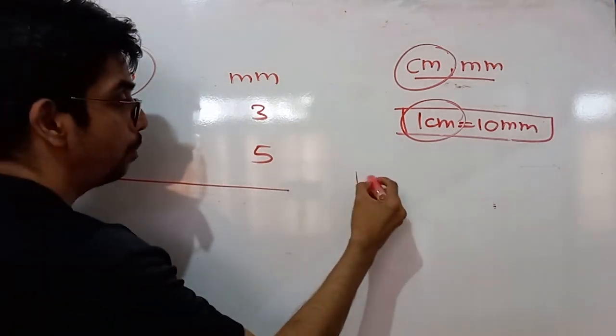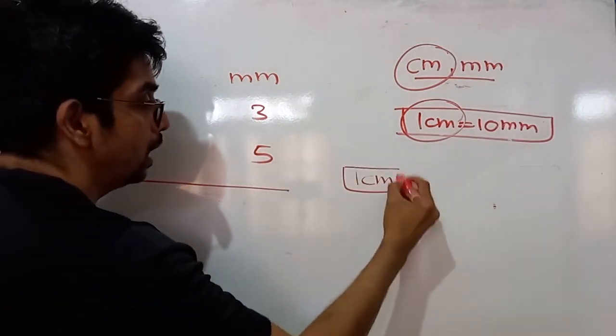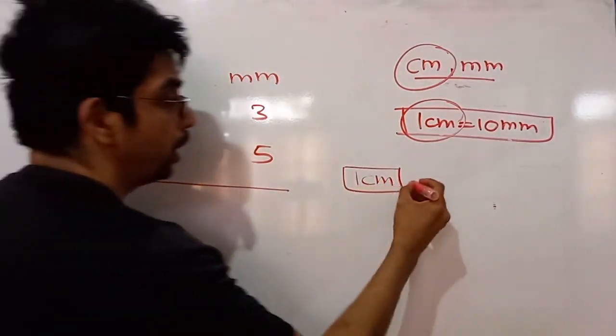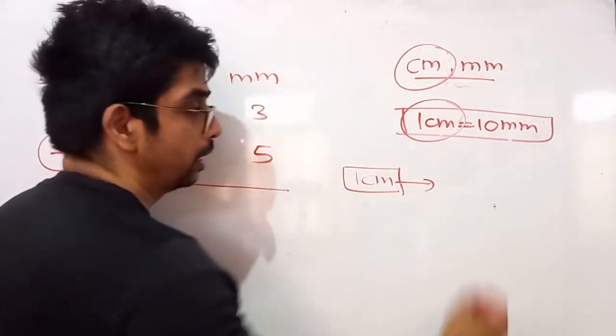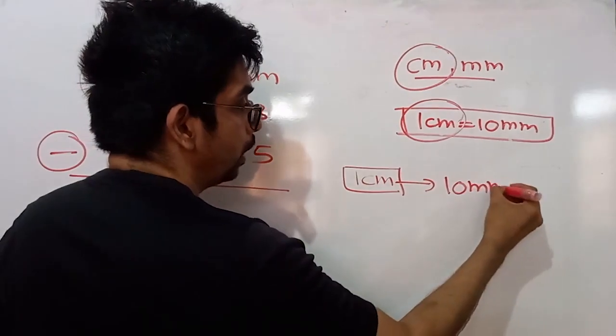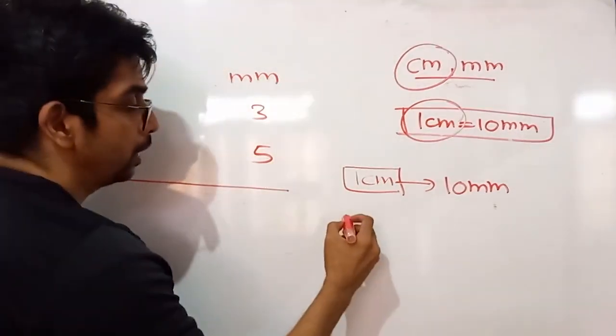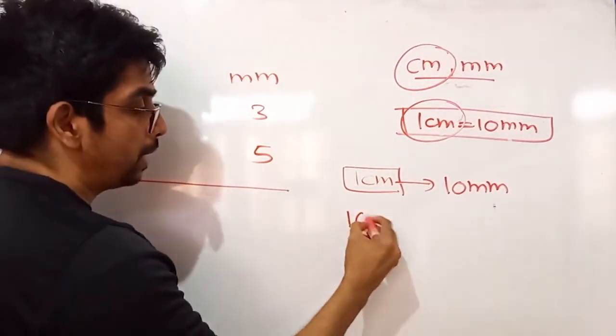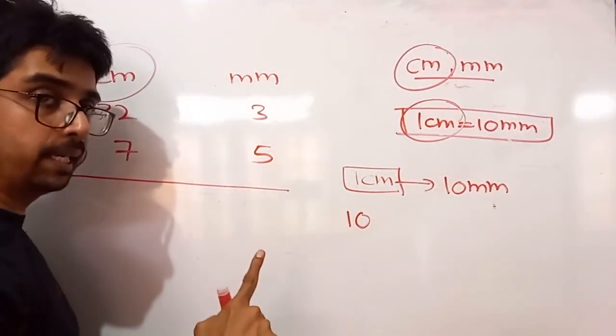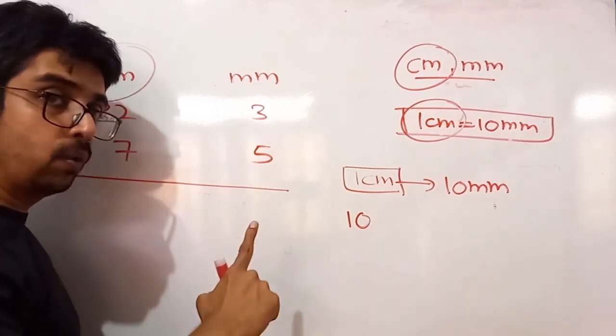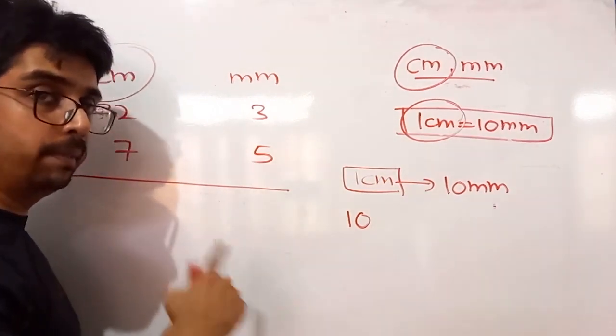So even though we have borrowed 1 centimeter, when it comes to the millimeter section, it becomes what? 10 millimeters. හැබැයි ඒක සෙන්ටිමීටර් එකක් වුණාට ඒක මිලිමීටර්ස් 10ක්.